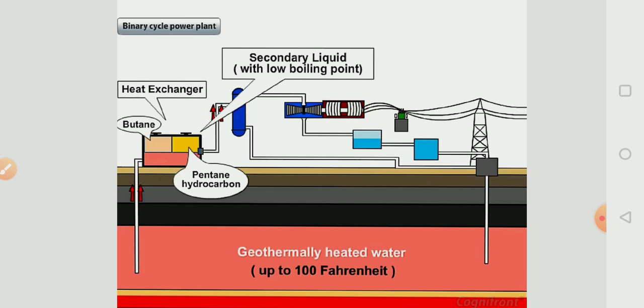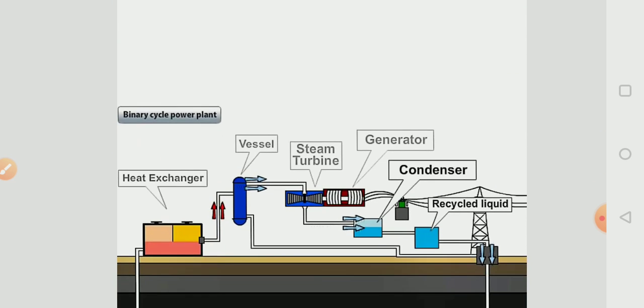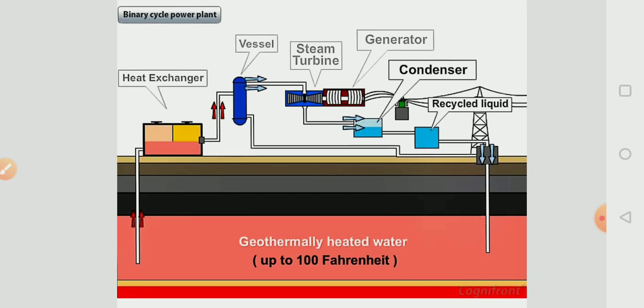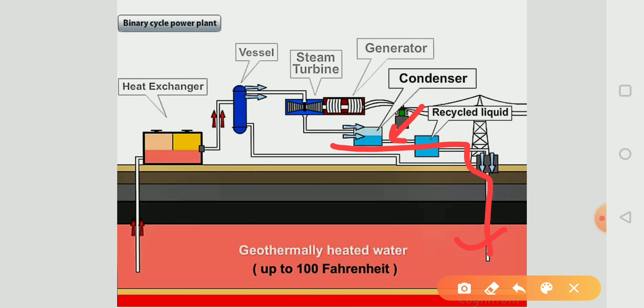So the waste water is rejected back to the earth. Here this is the condenser. So by here we can reject the water into the well, and this is the recycle process.